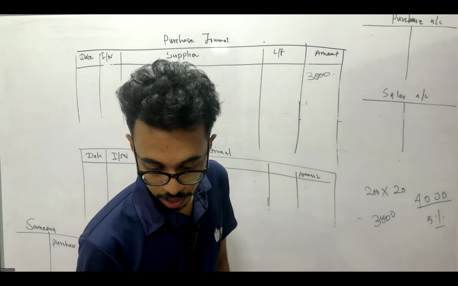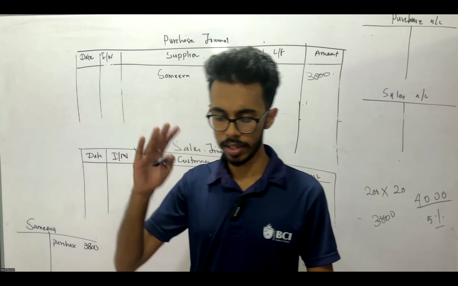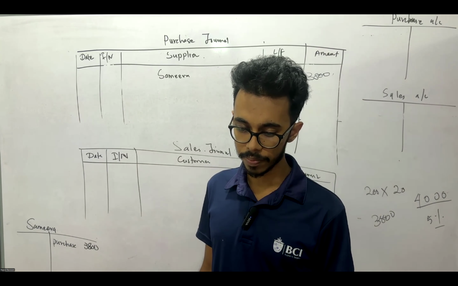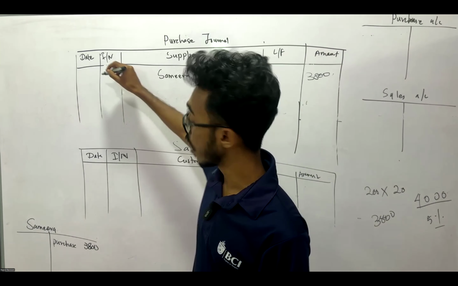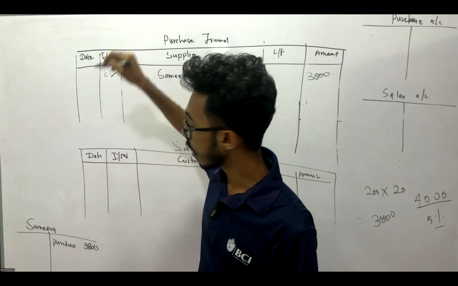And the trade discount calculation, just leave it. Invoice number is 612.